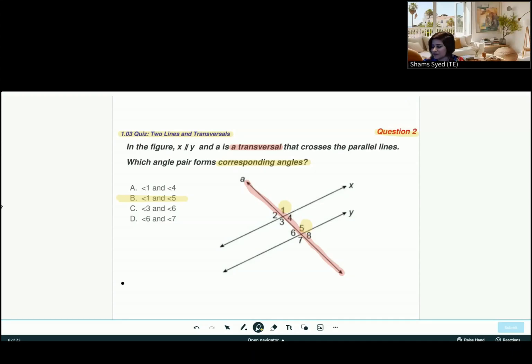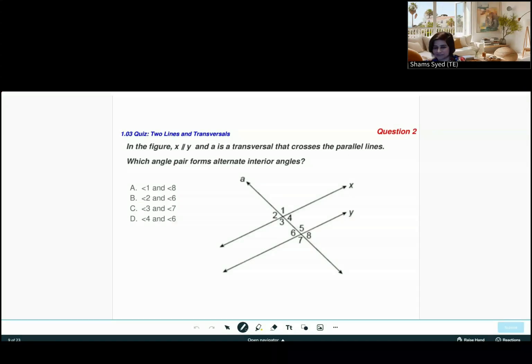Not everybody will have the same question two. Some of your question two probably looks like this one. So let's look at this and learn how to read it. Again, notice line A is called a transversal. In the figure, X is parallel to Y, and A is a transversal that cuts through the parallel lines.